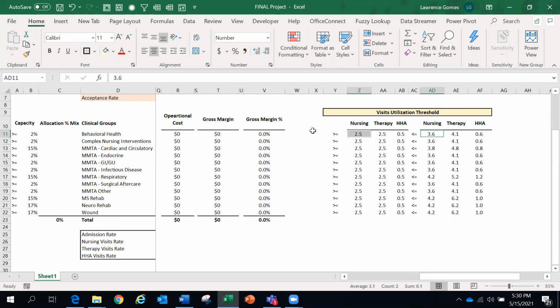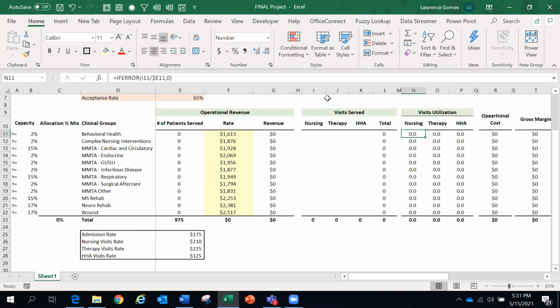For the therapy category, it's 2.5 to 4.1 visits for every admission. For HHA, it's 0.5 to 0.6 visits for every admission. This visit utilization threshold is different for every clinical grouping, and I want to use these conditions in my solver.